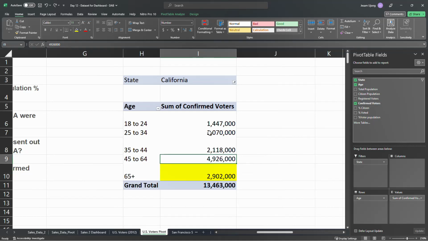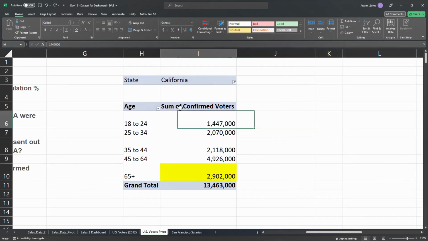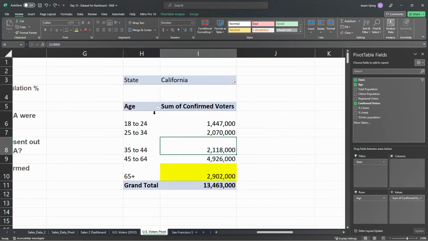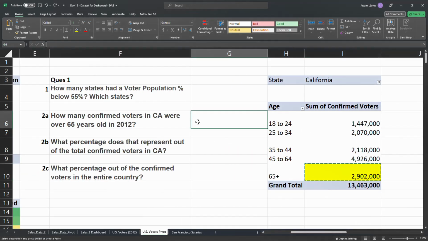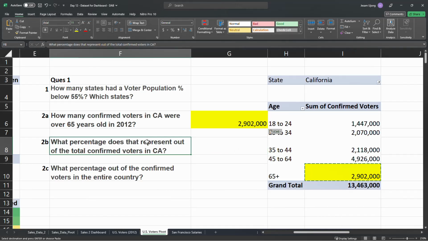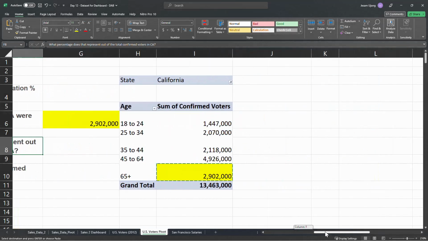Nice, cool. Okay, so the first answer is 2.9M. Put that here. Okay, so the second, what percentage does this represent of total confirmed voters in CA?